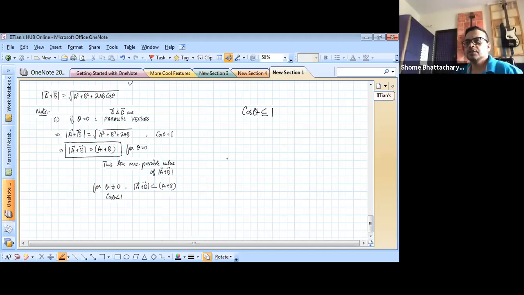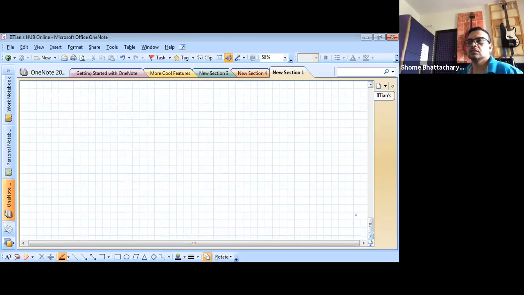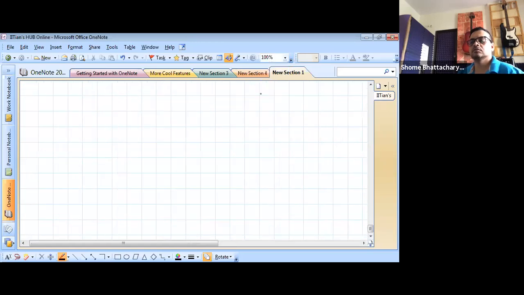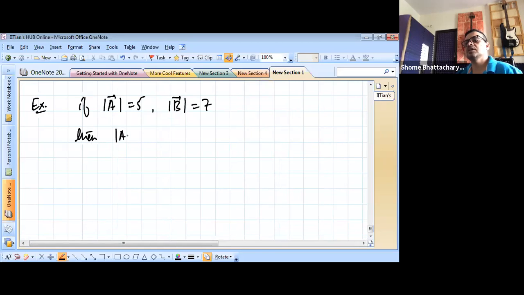Okay, students, so this particular statement is that mod of a plus b is less than a plus b for all other values of theta. It is also sometimes called the triangle inequality. Let's understand this with an example. If magnitude of A is 5 and magnitude of B is equal to 7, then magnitude of A plus B can never be which of these options.